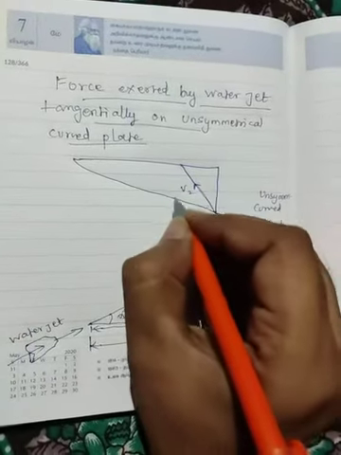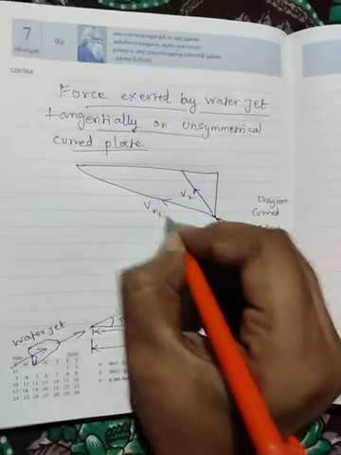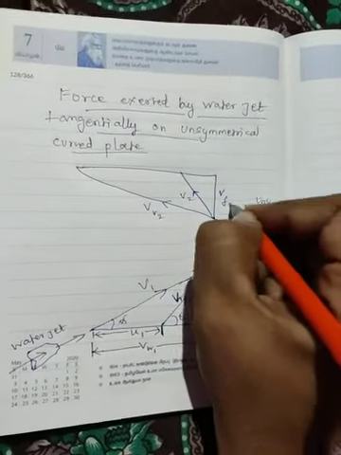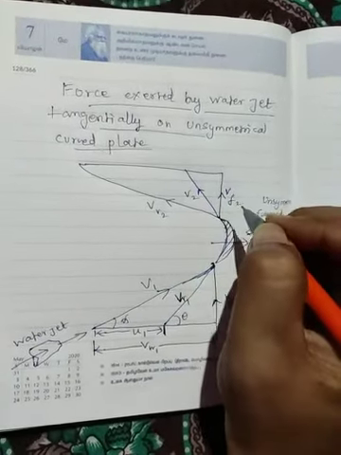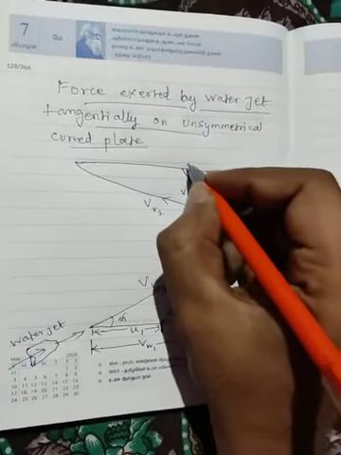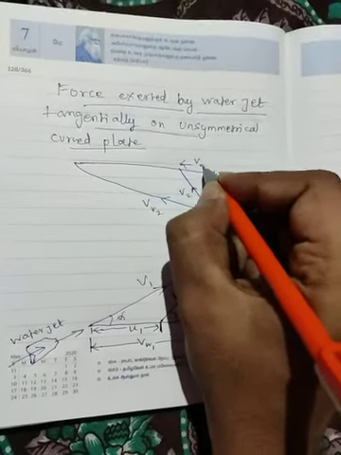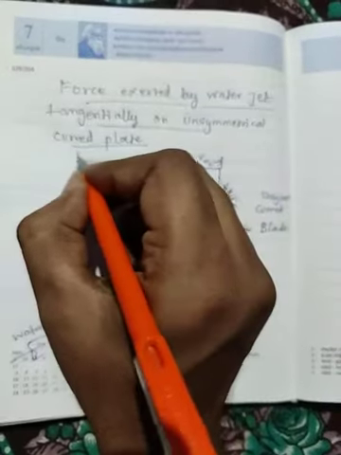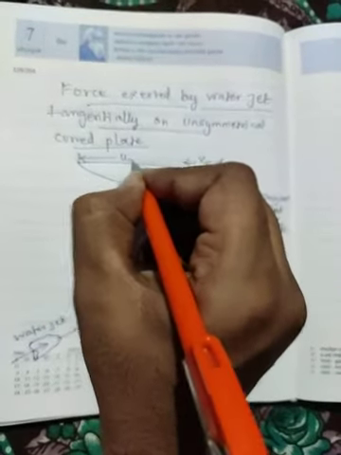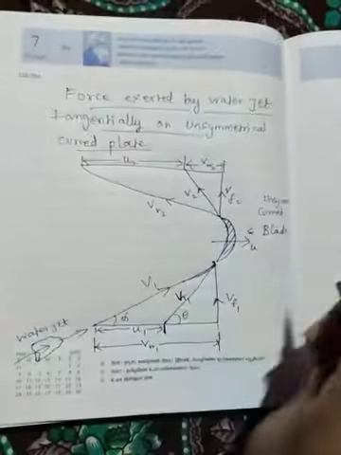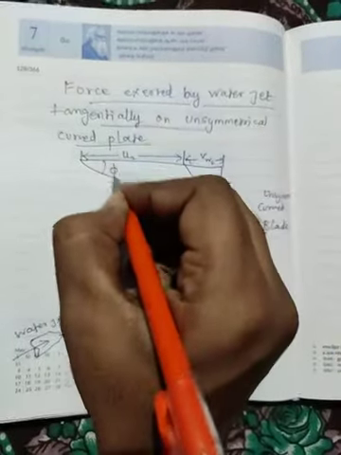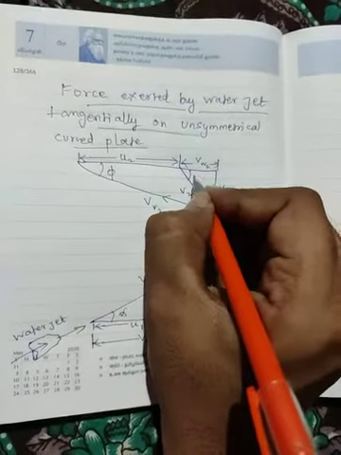Similarly, at the outlet, we have the outlet velocity triangle with velocity v2 of the water jet leaving, and vf2 of the water flowing. It has a horizontal component, always the whirl component, so it is called vw2. The blade velocity is mentioned as u2.